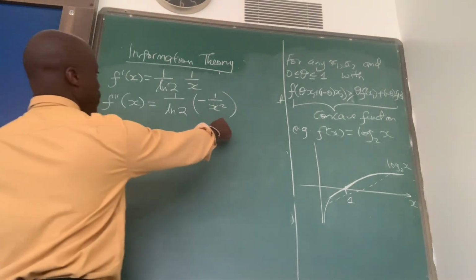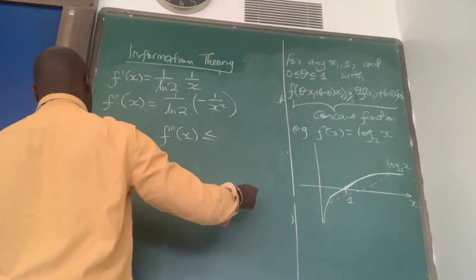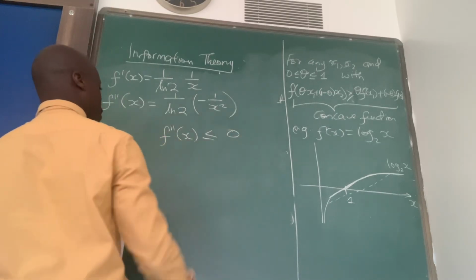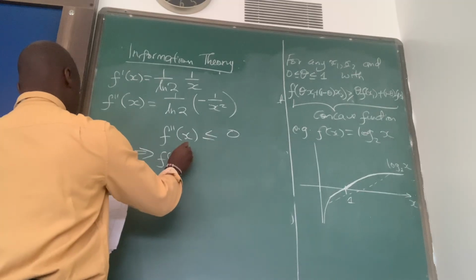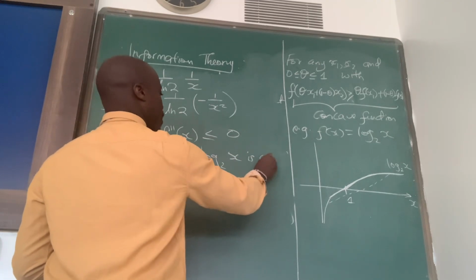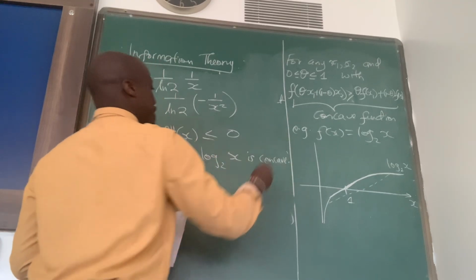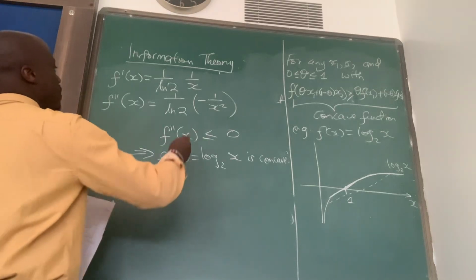And this second derivative is always less than 0, which implies that f of x equals log to base 2 of x is concave. So that's called the second derivative test.